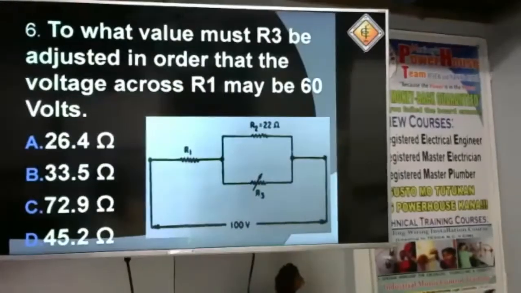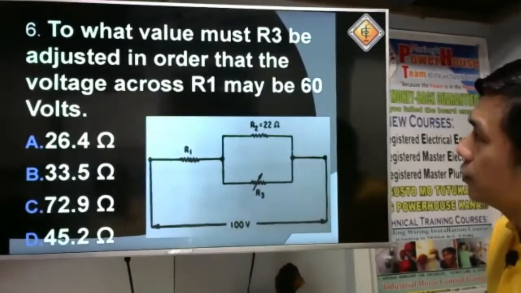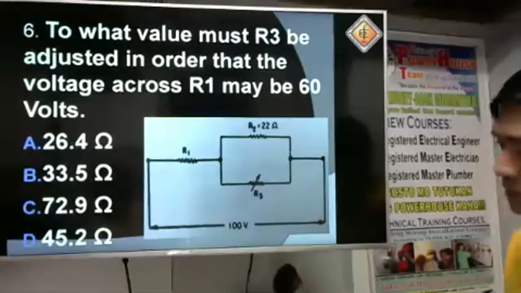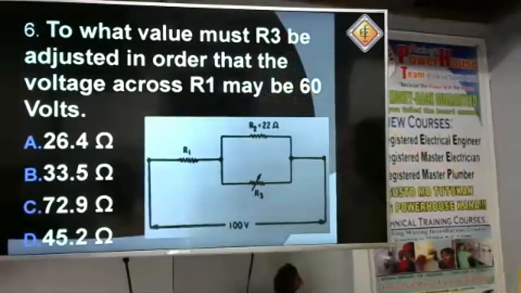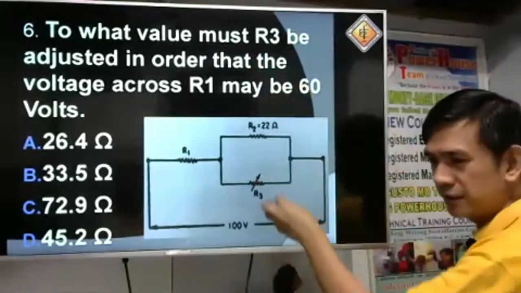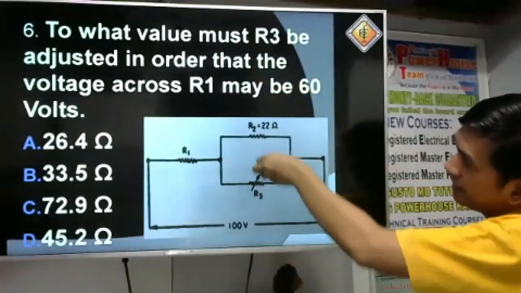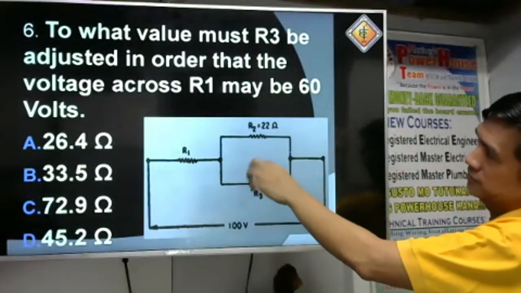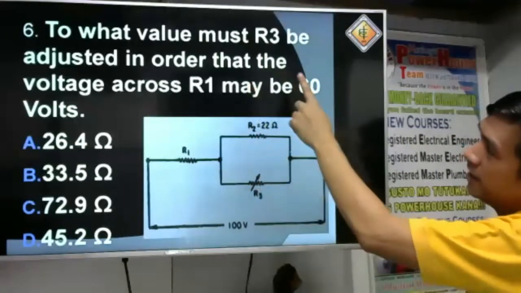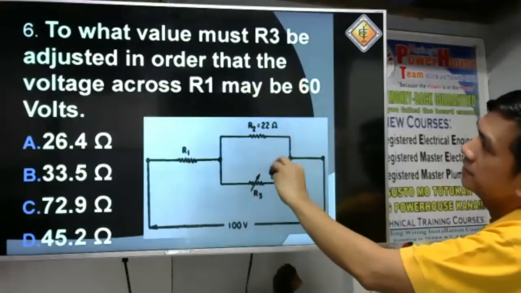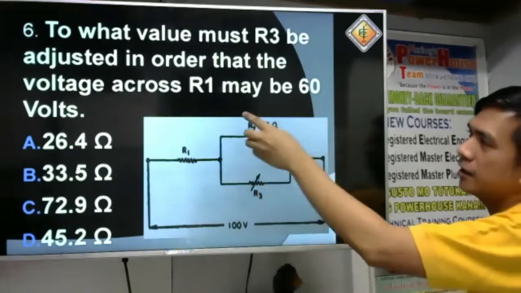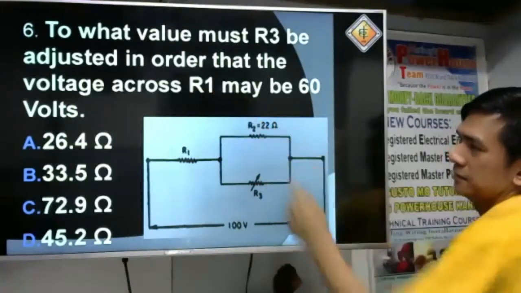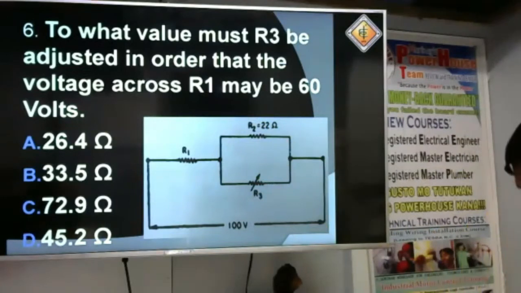In fact, there is an additional question to verify. To what value must R3 be adjusted in order that the voltage across R1 may be 60 volts?